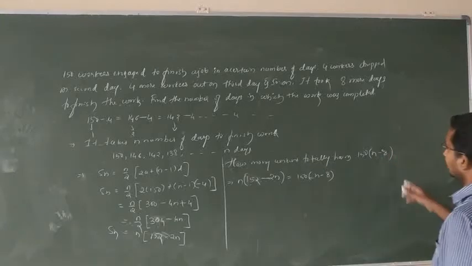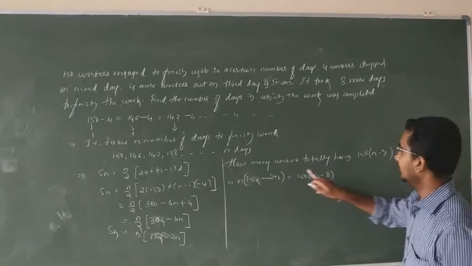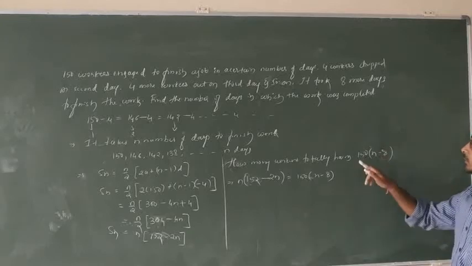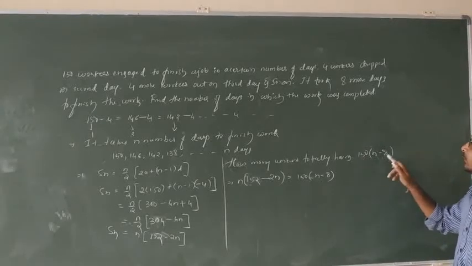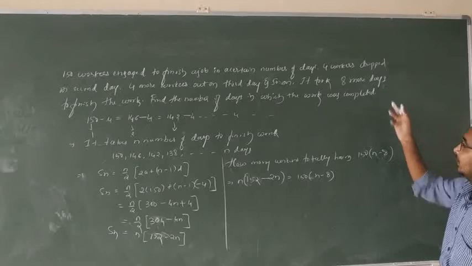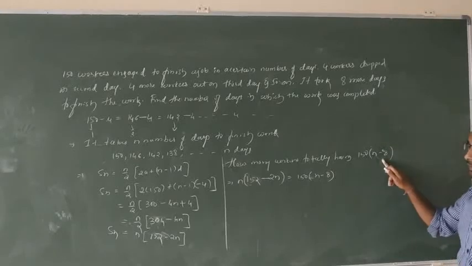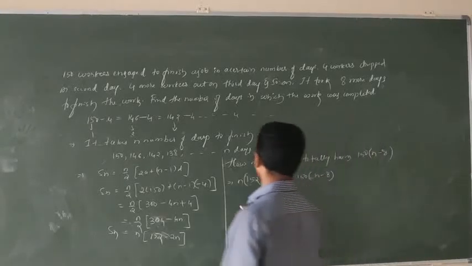Okay, then the total number of days taken is equal to what? When the 150 workers work hard, they finish 8 days before, that is n minus 8 days.